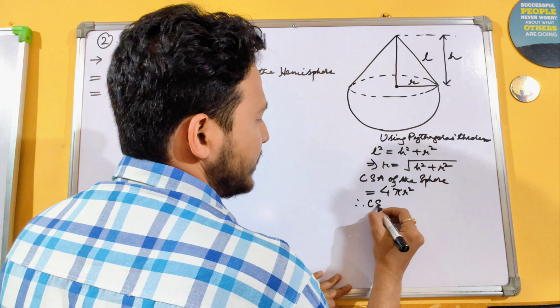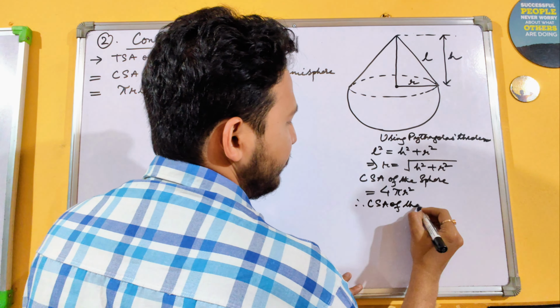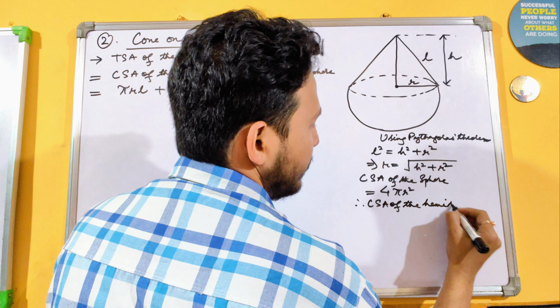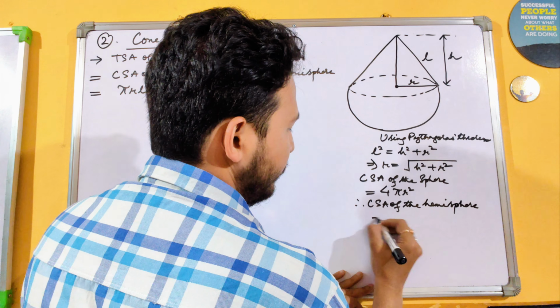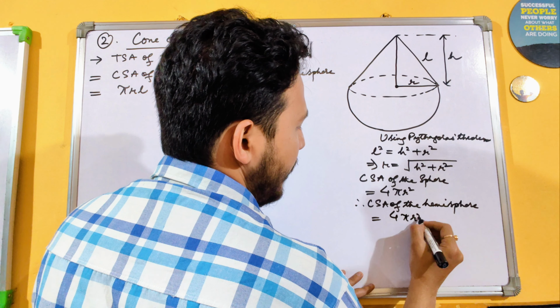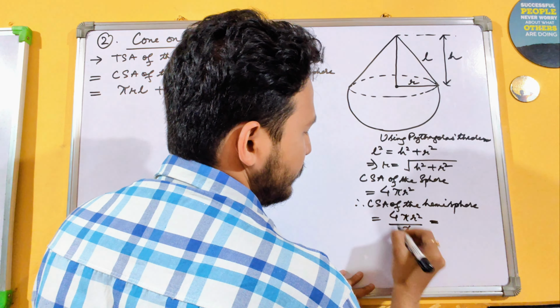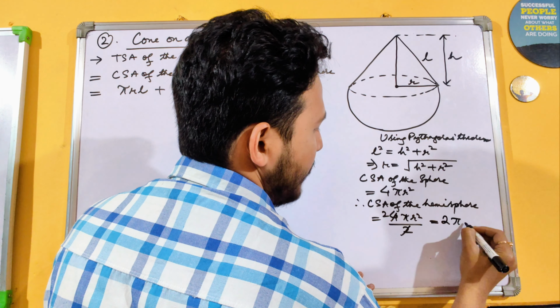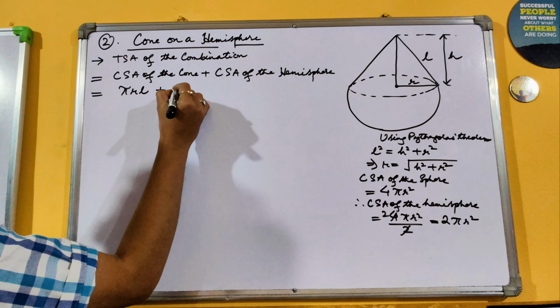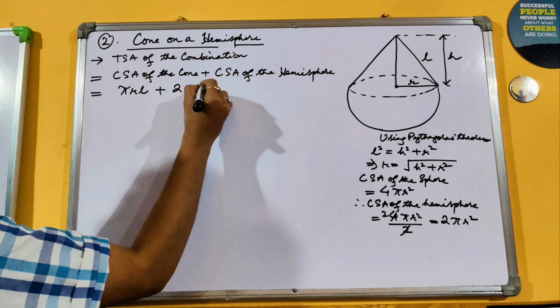So the CSA of the hemisphere would be 4 pi r square by 2, which is 2 pi r square. This is how we find out the curved surface area of the hemisphere.